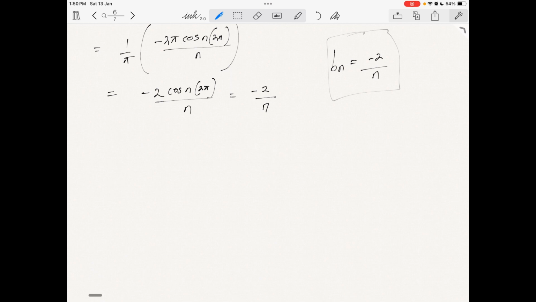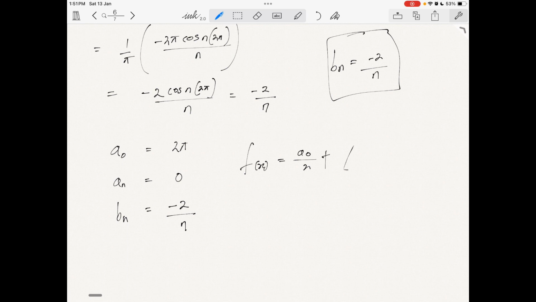Okay? So we recall the answers that we got, that a naught is equal to 2 pi, an is equal to 0, and bn is equal to minus 2 over n. And we want to insert it into f of x is equals to a naught over 2 plus summation of n is equals to 1 to infinity of an cos nx plus bn sine nx.